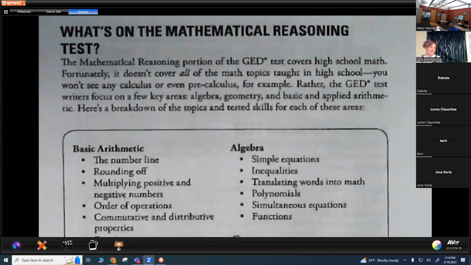So I'm not going to say start with math because you're guaranteed to pass, but if you feel strong in math, as we go through and talk about this, it might be a good starting point if it's one of your strengths. And then hopefully that would set you up for success on the other 3 tests.